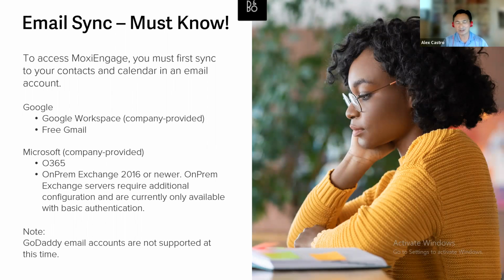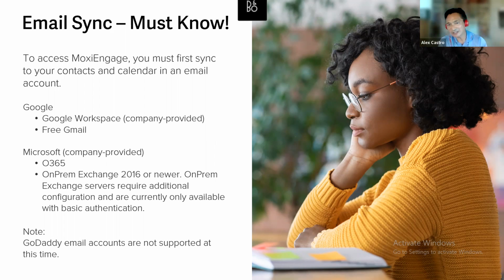So everybody on this call who is using MoxiEngage, MoxiEngage will synchronize with your Google Gmail, or if you have company provided Microsoft email, it's going to synchronize with that. I'm talking about contacts, calendar information. It's very powerful in that respect, but not everybody can utilize MoxiEngage because of this fact.